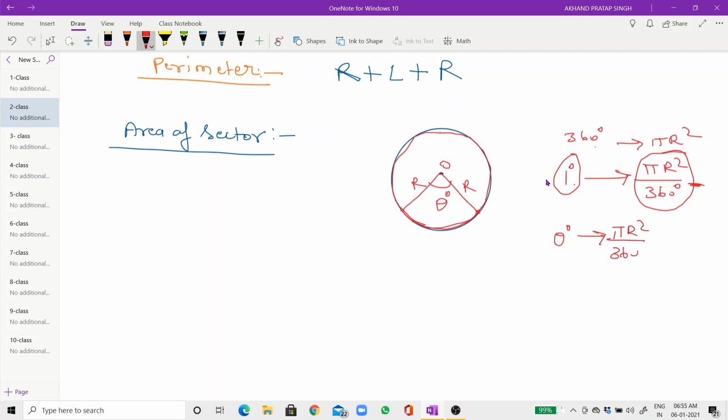So, in a systematic way, the area of a sector is equal to theta upon 360 into pi r square.